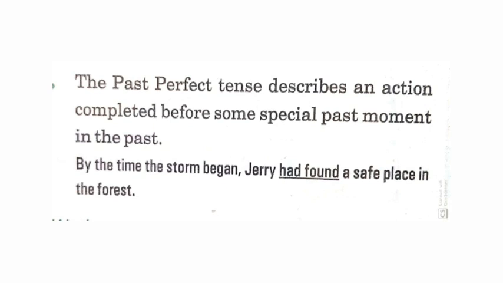Now, this means that storm came later, but before that, Jerry had already found a safe place in the forest. This means past perfect tense you used here to describe the action which had completed before some special past moment, that is, the storm began. Right? So, that was to explain you how this tense is used.